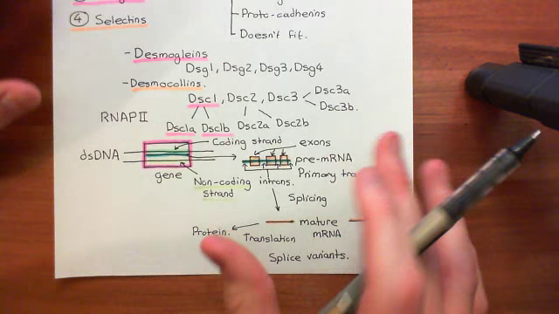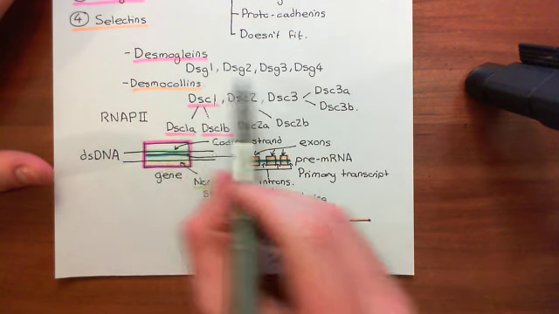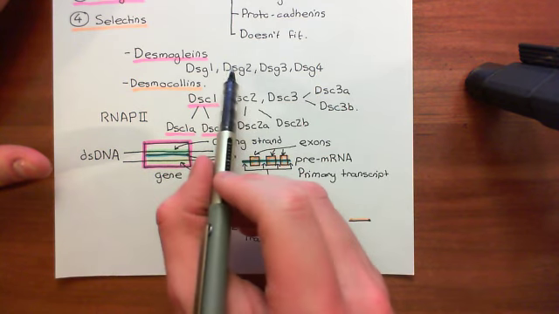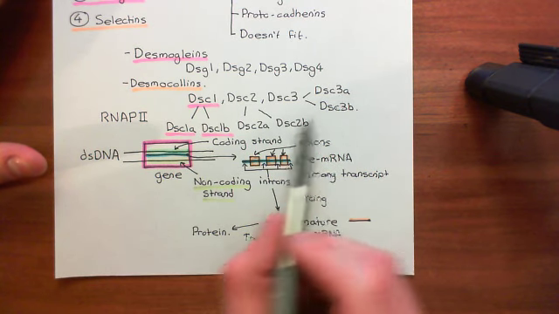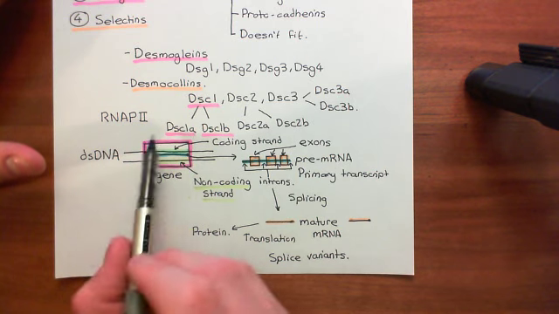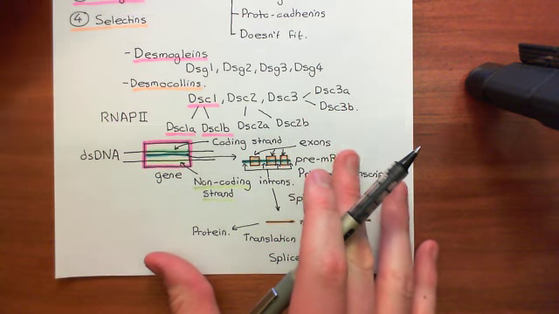Luckily for us, all of these desmosomal cadherins, all 10 of them, we've got 4 desmoglein desmosomal cadherins and 6 different desmocolin desmosomal cadherins, all of them actually have the same basic structure. So let's now have a look at this same basic structure that all the desmosomal cadherins share.